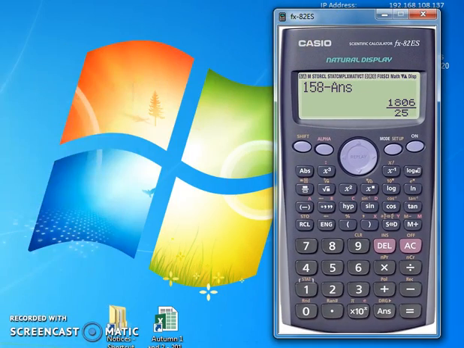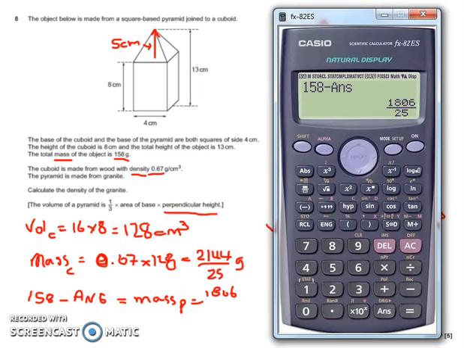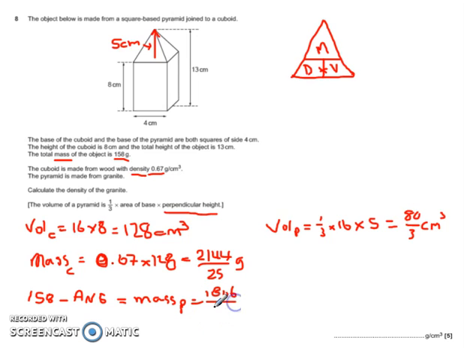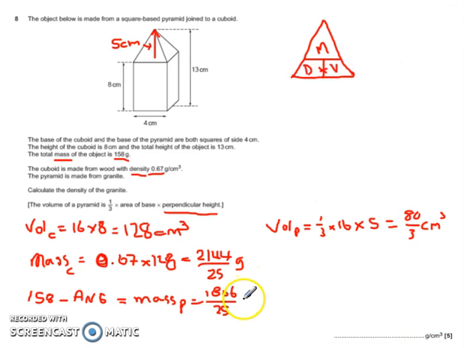That's disappeared off the screen for some bizarre reason. Okay, so 1806 over 25. There's our mass for the pyramid, and now we've got the mass and we've got the volume.